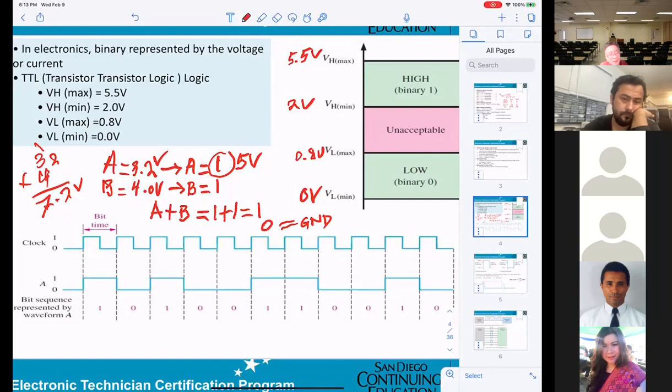So basically, in the digital system, you get only 2 voltages, 5 volt and ground. When they say connect to 1, that means connect to 5 volt. Otherwise, when they say connect to 0, that means connect to ground. So that's very easy.